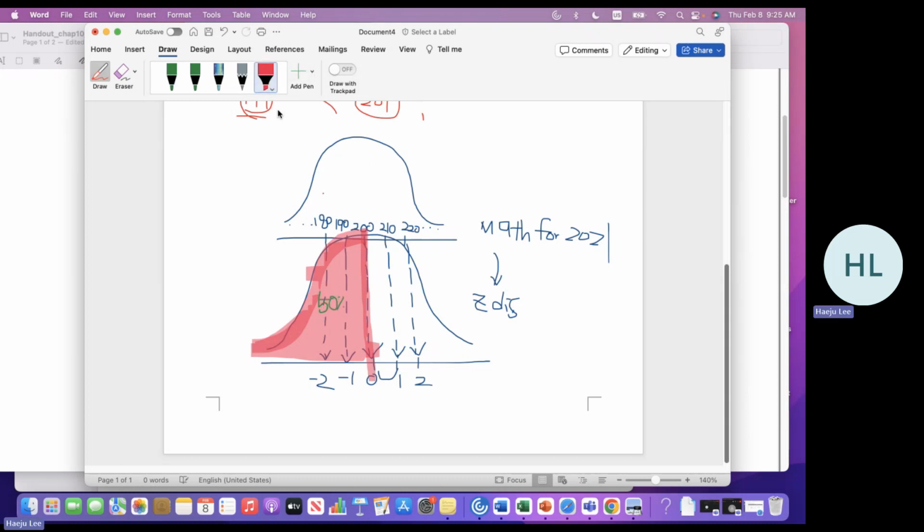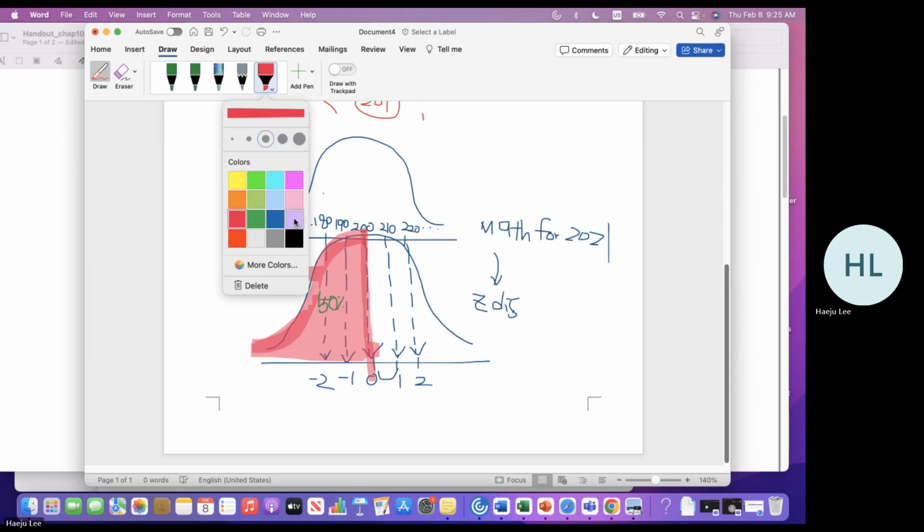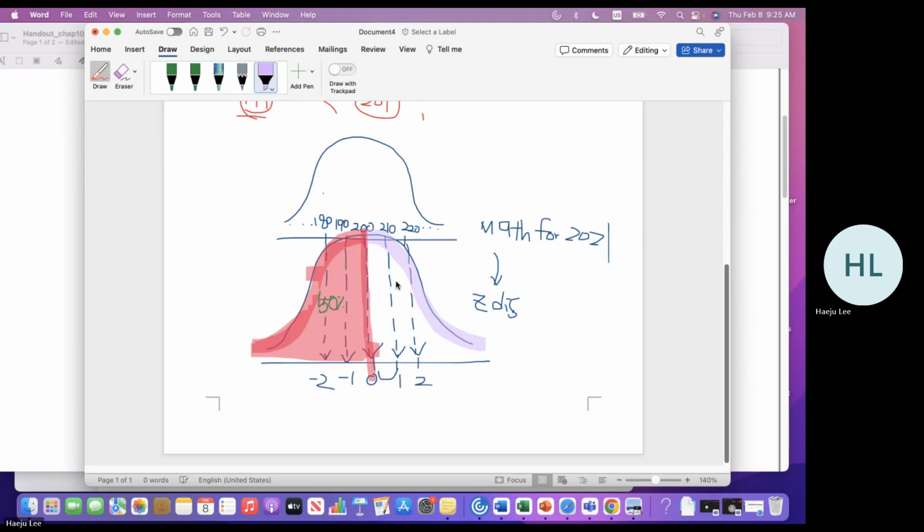And the other part, the other half of this area, the probability or percent is 50%.